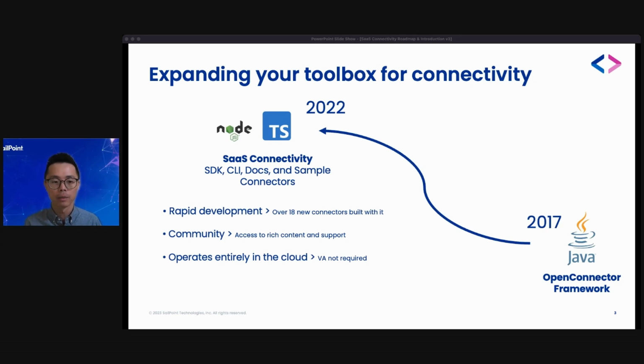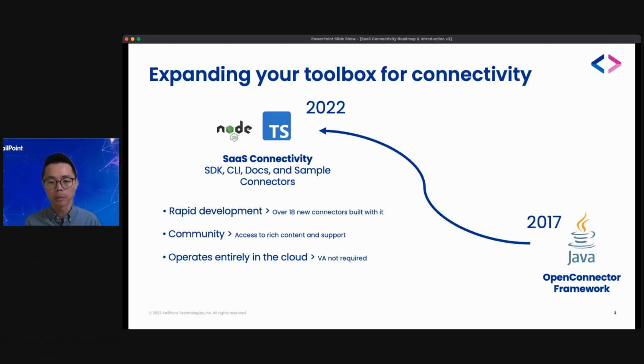So SaaS connectivity has a much lower learning curve, and that's demonstrated by the fact that since we went beta mid last year, we've had pretty rapid development. Our teams drank our own champagne and built out over 18 new connectors on this framework, out of the box for our customers.